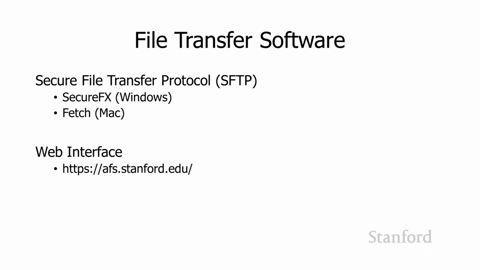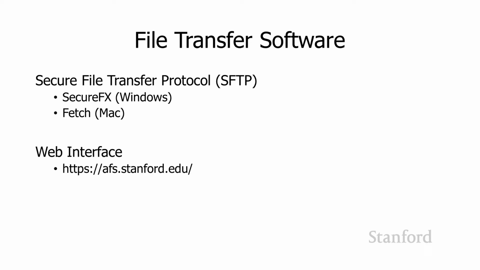Our experience has been that, in general, the students do find it a little bit more straightforward, maybe a little bit easier working with afs.stanford.edu rather than getting a separate secure FTP program. But, as you start doing more and more work, you will probably find that there's more to learn, and maybe it's a little bit harder getting used to SFTP.